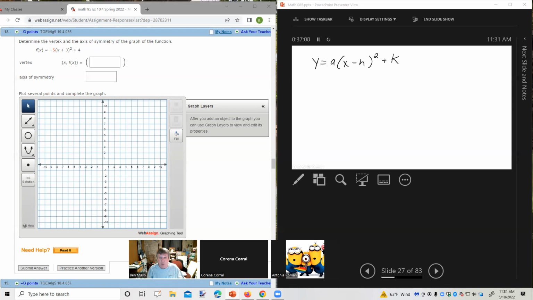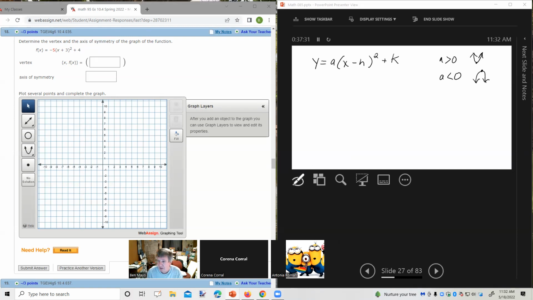So we looked at parabolas in the form y equals a times the quantity x minus h squared plus k yesterday. If a is greater than 0, we have a parabola that opens upwards. The lowest point would be the vertex, also known as the minimum of the parabola. If a is less than 0, the parabola opens downwards.